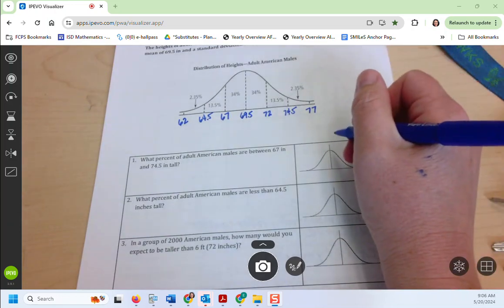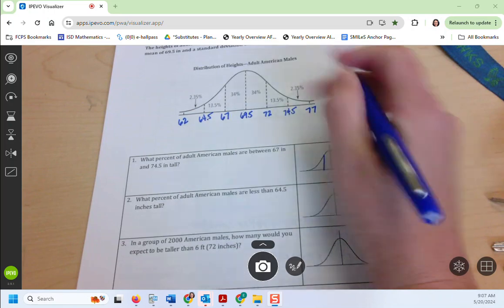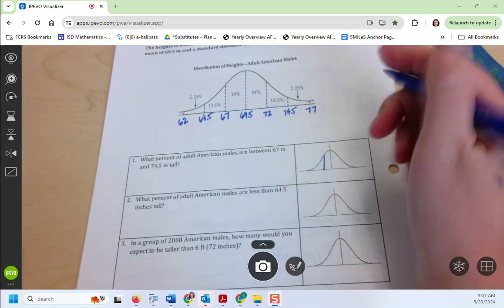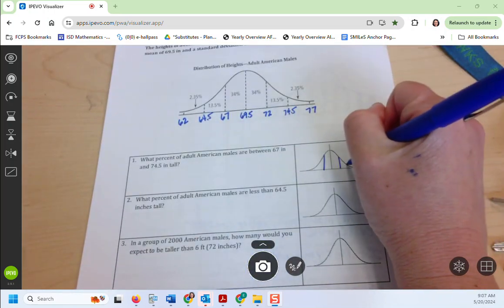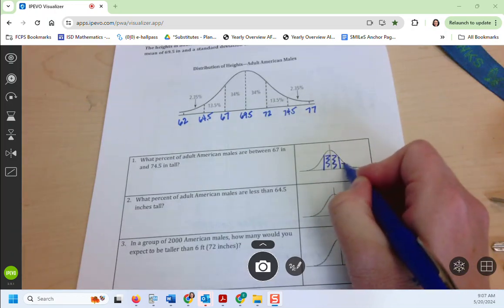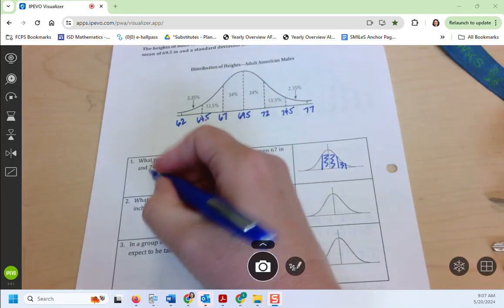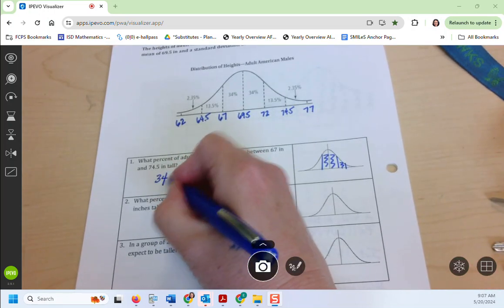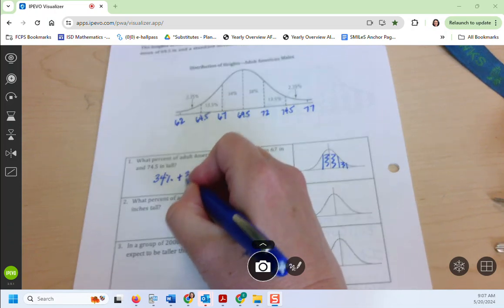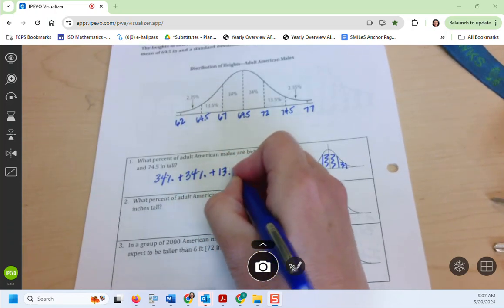So we know 67 is 1 standard deviation below. 74.5 is 2 standard deviations above. So they're asking me for this one, and this one. You see that? So I can add up those 3. 34% plus 34% plus 13.5%.